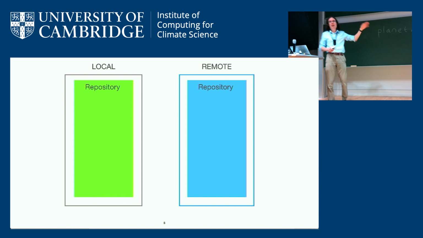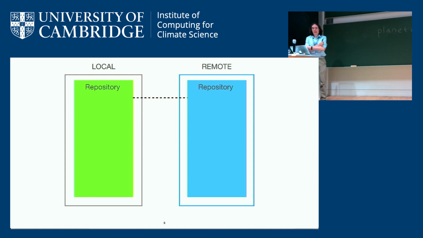Perhaps it's on GitHub or on my university GitHub server or GitLab or Bitbucket or something like that. It's a remote version of the repository, and these two things are linked semantically. They have some connection, and we can link them together and transfer changes between the two.